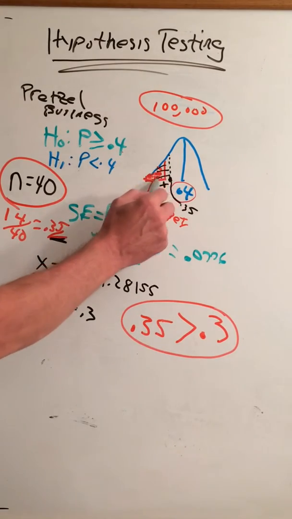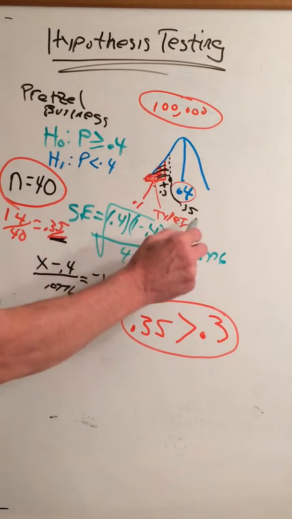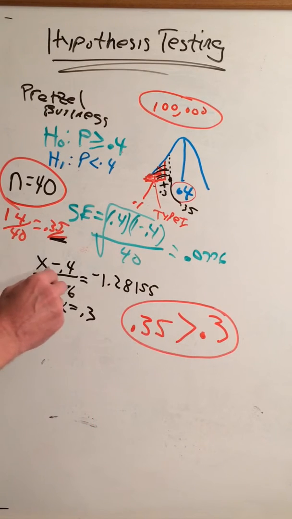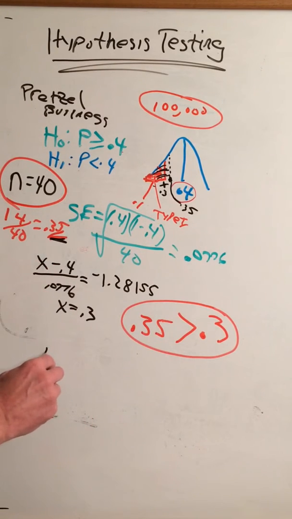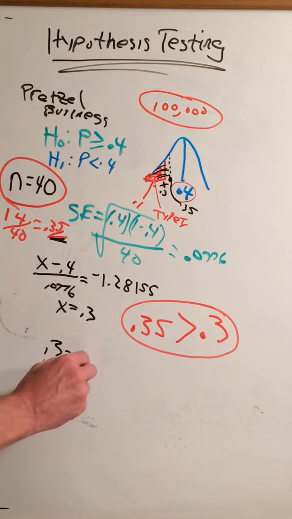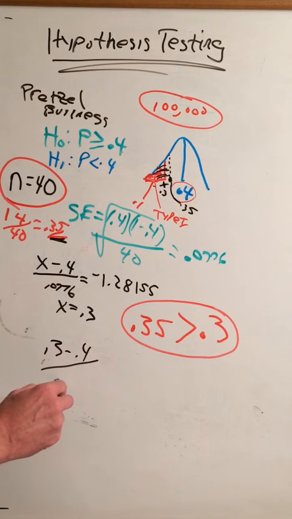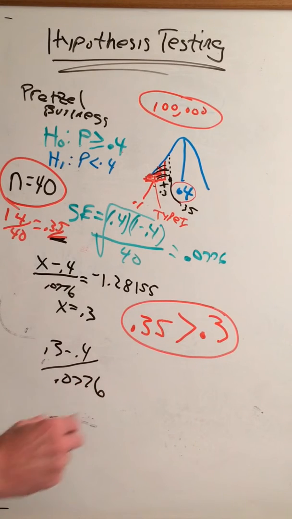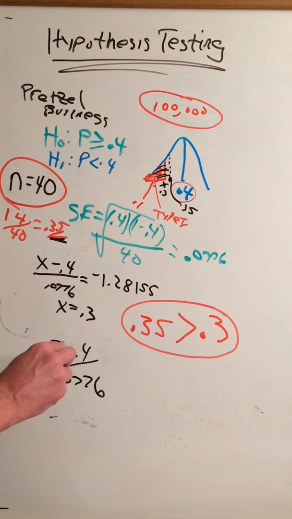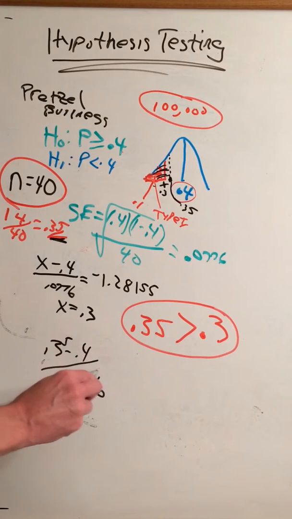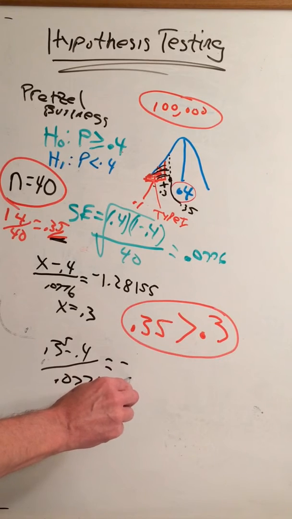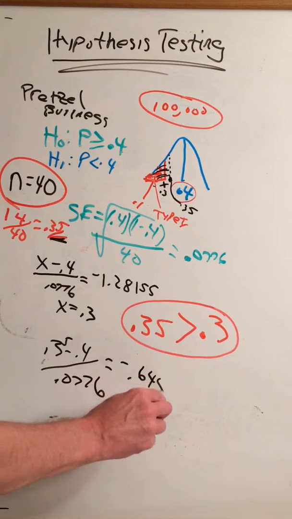So what is that area? Well, we just plug in, here we know it's 0.35 minus 0.4 over 0.0776. When you get your calculator out, solve for that, that's negative 0.645.